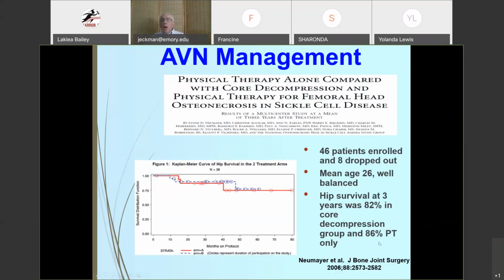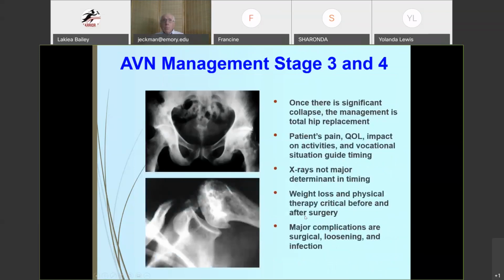I think the other thing that's very important with this study is it really points out how effective physical therapy is in preventing the progression of avascular necrosis, so AVN really needs to be treated with physical therapy as one of the mainstays.